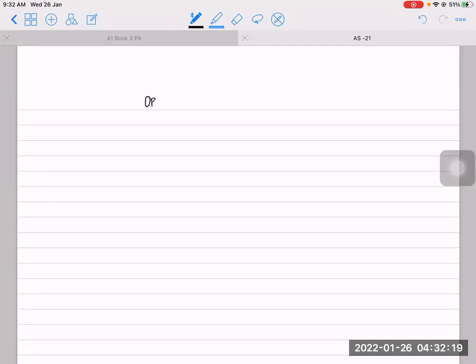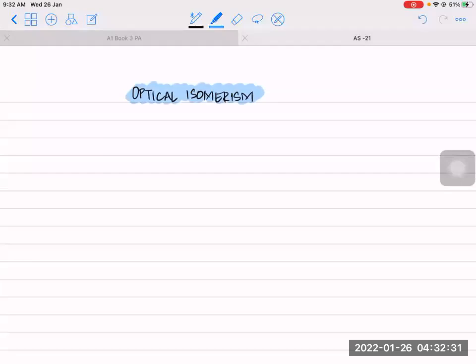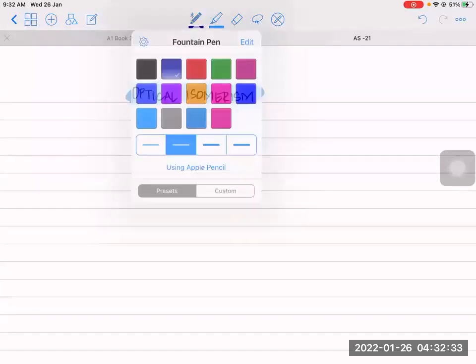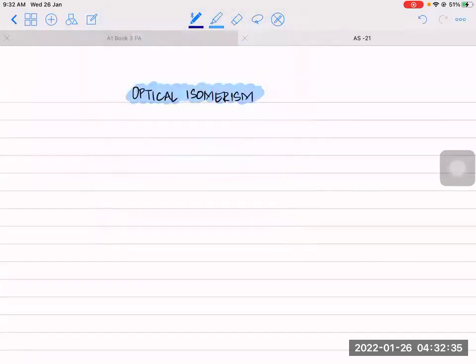Now let's see optical isomerism. So let's see optical isomers. Now, in optical isomers, because these are also what? Stereoisomers, you also have the same molecular formula, same structural formula, but different arrangement in space.